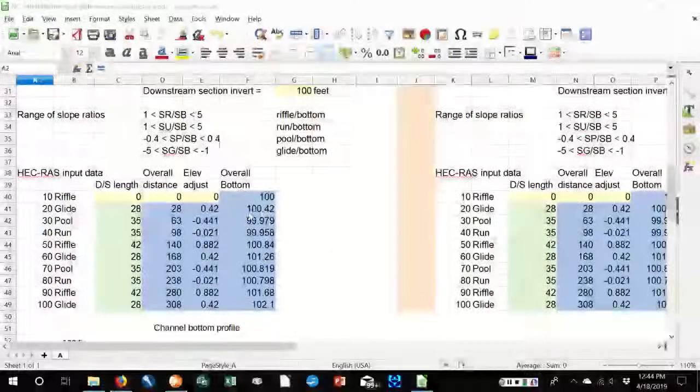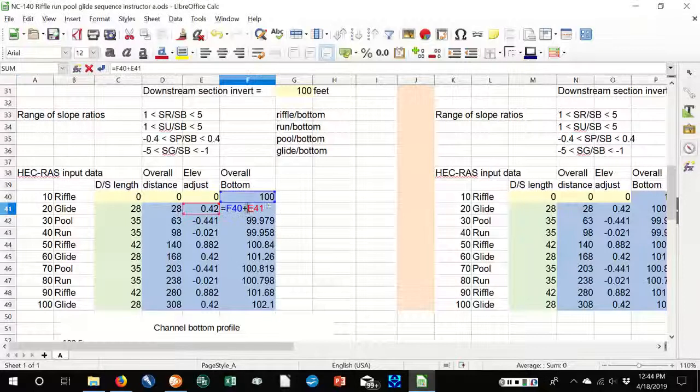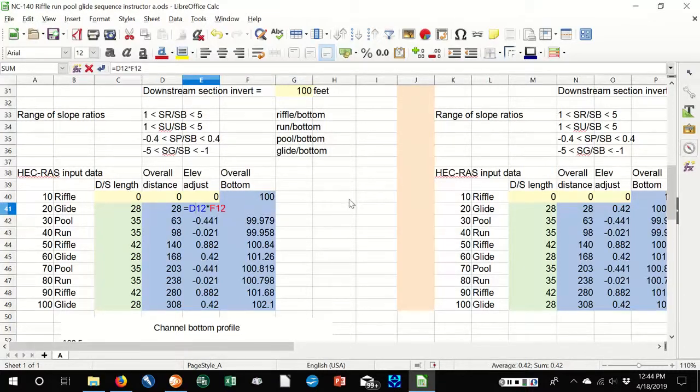So let's examine one of these cells. So you can see here, we just take the elevation adjustment and add that to the overall bottom adjustment. That's fairly easy. Let's look at the elevation adjustment. See, it says D12 times F12.